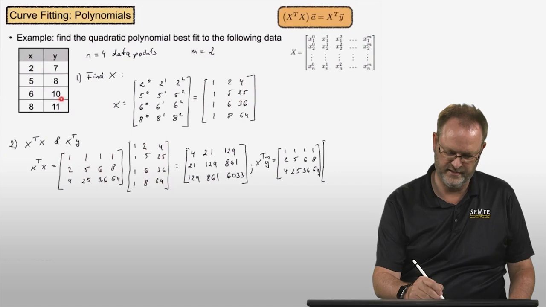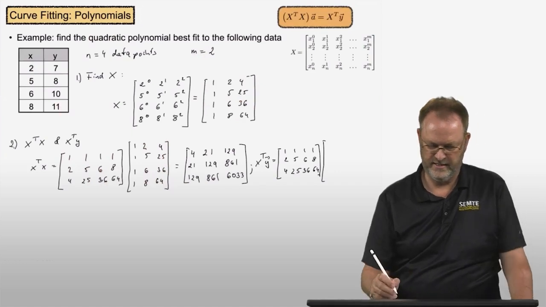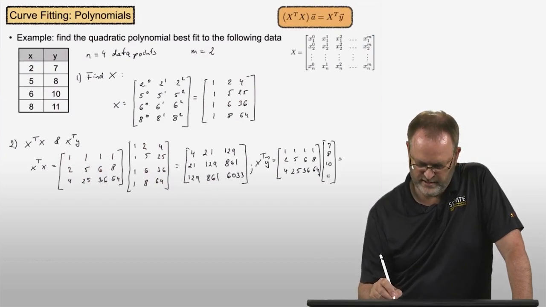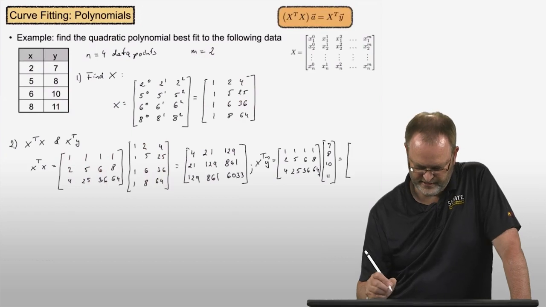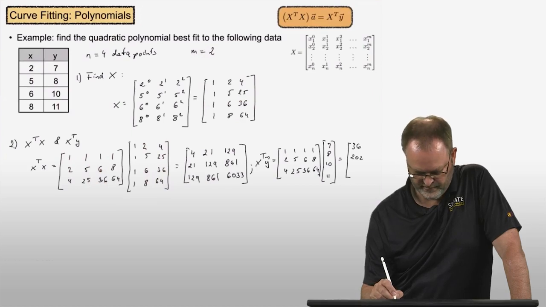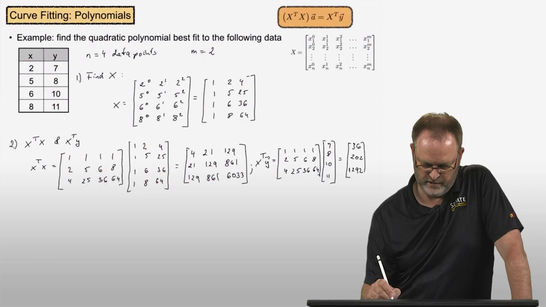Right, those are these here: 7, 8, 10, and 11. And if you multiply this out, you will get a vector that is 36, 202, and 1292. So that's my vector B.